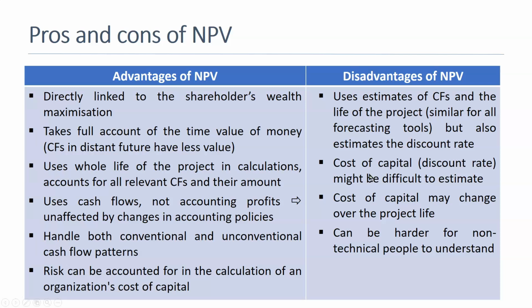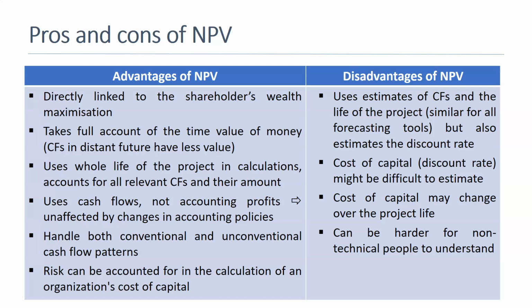The cost of capital, the discount rate itself, sometimes can be difficult to estimate, and moreover, it might change over the project's life. For example, we can decide to invest in a particular project based on certain calculations using a certain discount rate, let's say 8%, but market environment can change after a few years and the discount rate can change. Maybe it will increase to 15 or 20%.